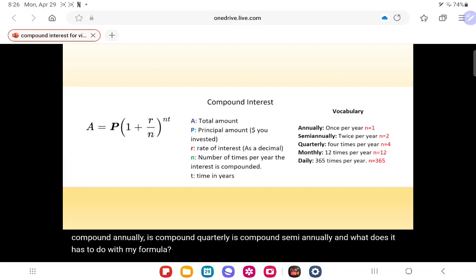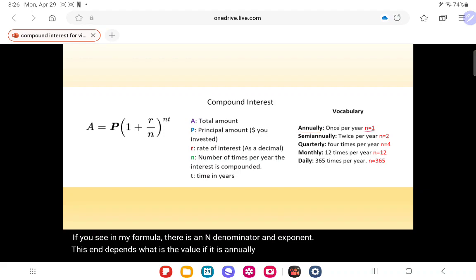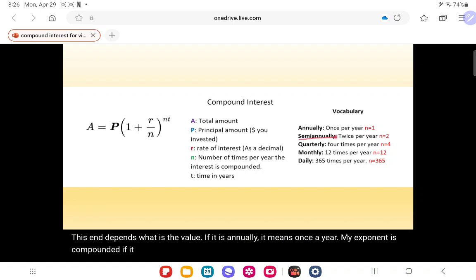If you see, in my formula, there is an n, in the denominator and the exponent. This n depends on the value. If it is annually, it means once a year, so n is 1. If it is semi-annually, twice a year, my n is 2.